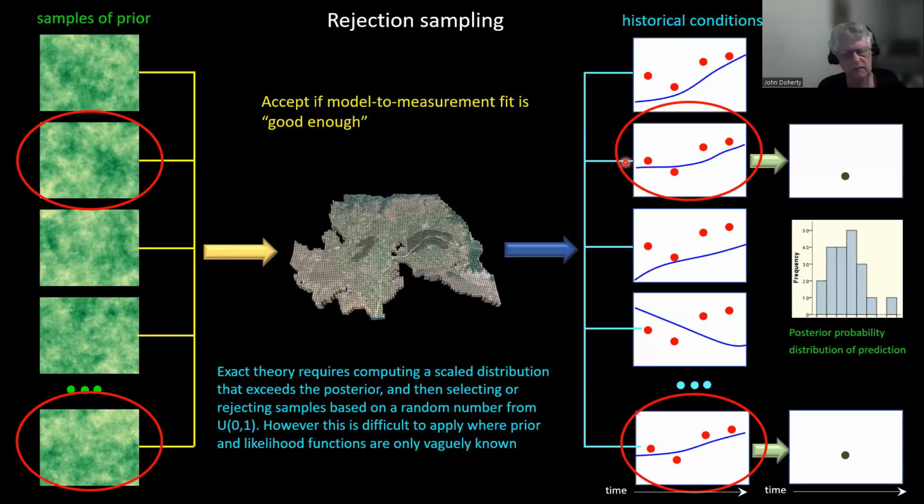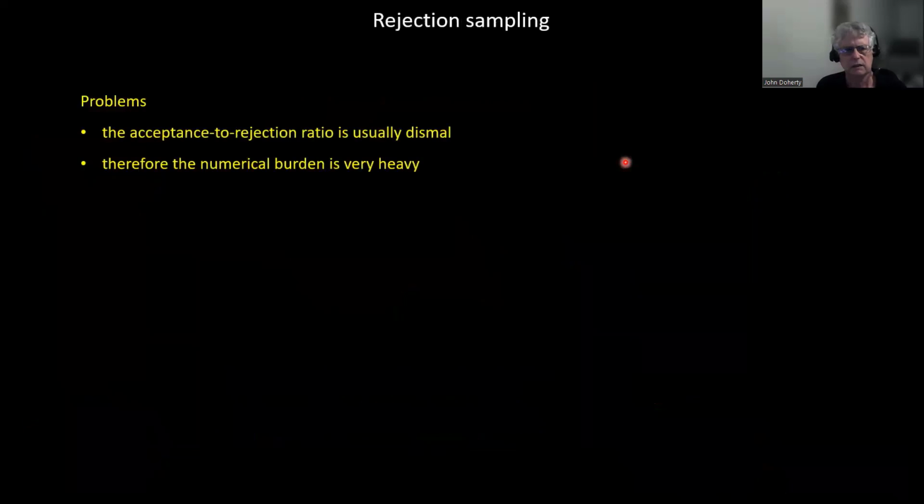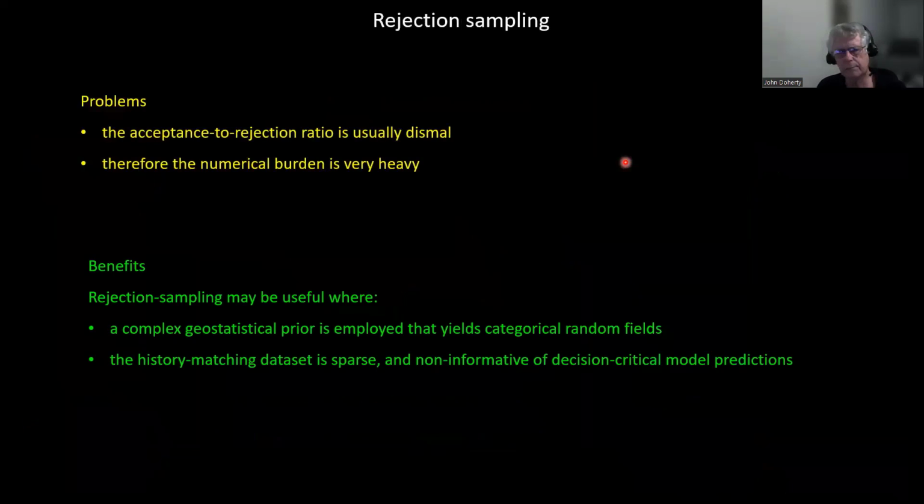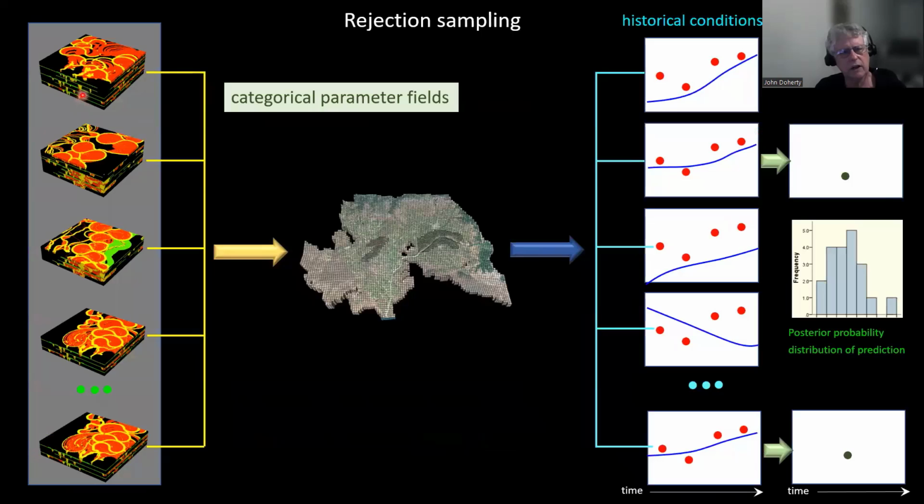So rejection sampling, even though intuitively it's nice, in practice, it's not good. The only excuse may be if we've got categorical parameter fields that are difficult to adjust. Now, all the methods we're going to talk about from now on, we get much more efficiency than rejection sampling, not through rejecting, but through adjusting parameter fields.